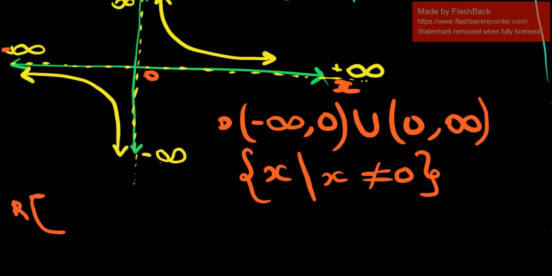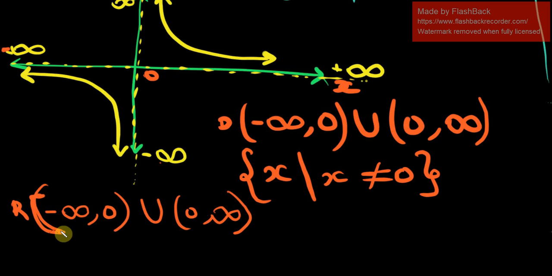The asymptote is at 0. So the range will be from minus infinity to 0, union from 0 to positive infinity.